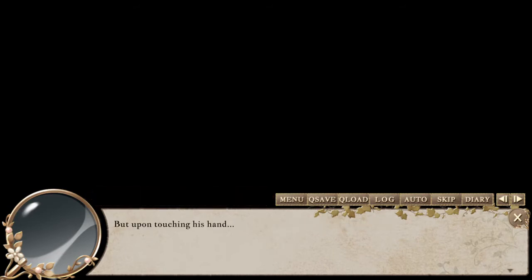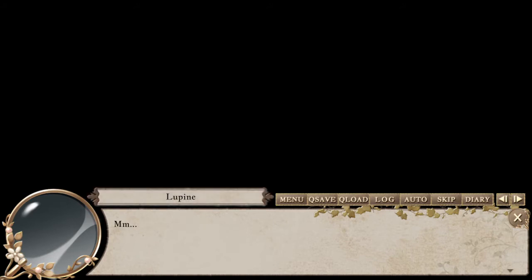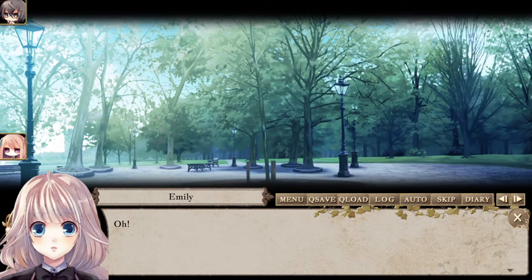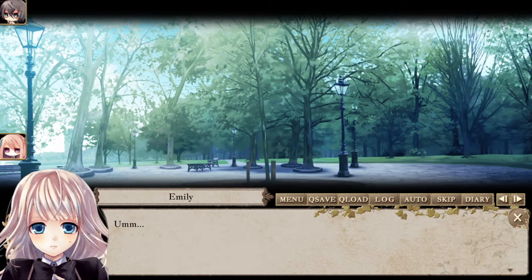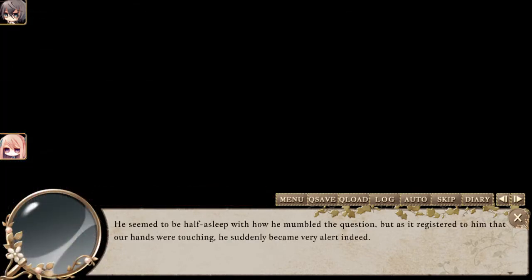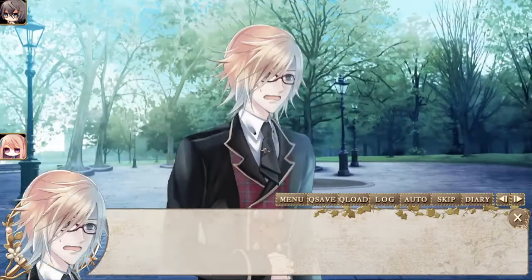But upon touching his hand... Oh! Huh? Miss Whiteley, what are you... He seemed to be half asleep with how he mumbled the question, but as it registered to him that our hands were touching, he suddenly became very alert indeed.